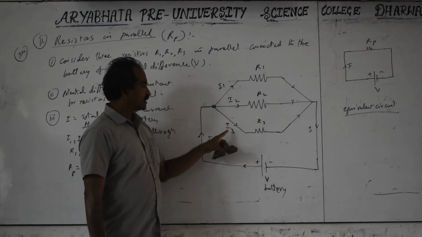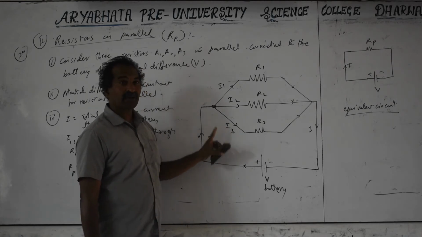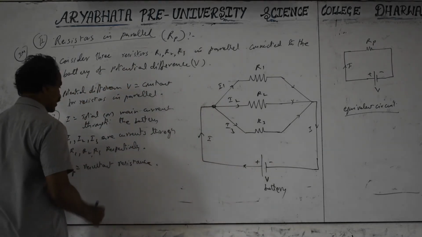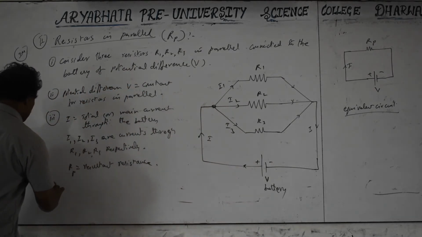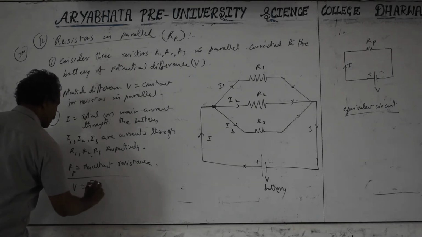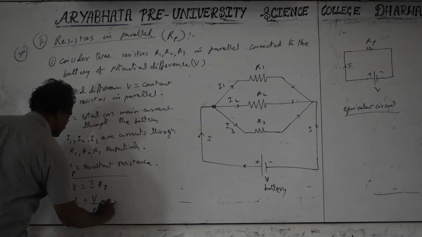Previously we had taken V equal to V1 plus V2 plus V3. Now we have taken I equal to I1 plus I2 plus I3 and we get the required result. Next, V is equal to I into RP. Therefore, total current I is equal to V by RP. This is equation number 1.